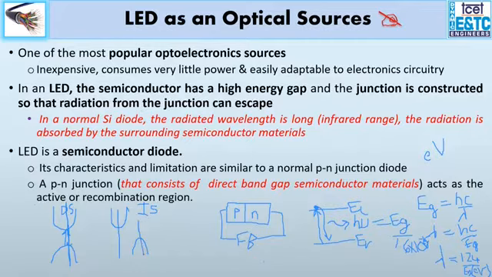For the carrier to fall down and recombine with the holes, it has to go through a change in momentum, and then it will fall down and there will be a release of energy. When this happens, with a change in momentum, a third particle is released. And when this kind of energy release takes place, it is non-radiative in nature.